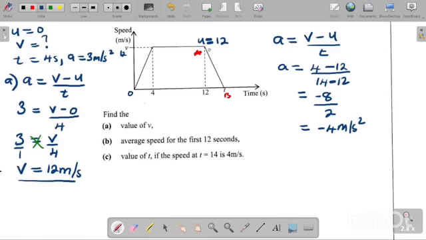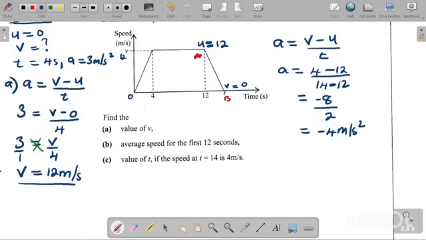When you hit the x-axis, the final velocity v is 0.